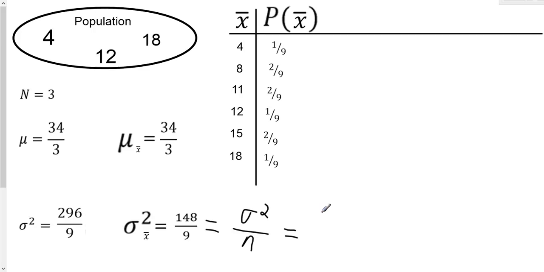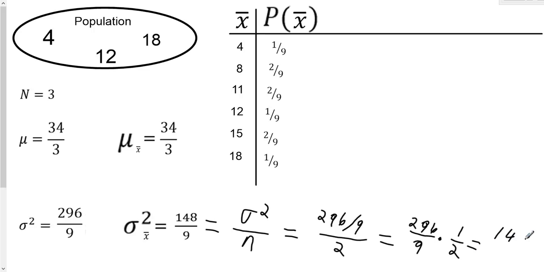If I take 296 over 9 and I divide it by n, which is the sample size. Remember, all my samples were size 2, right? And if I calculate this, I get 296 over 9 divided by 2, so I multiply by its reciprocal, 1/2, and that's where I get the 148 over 9.